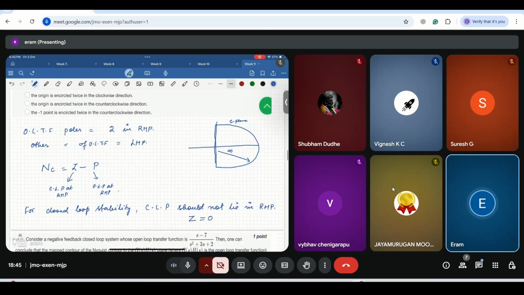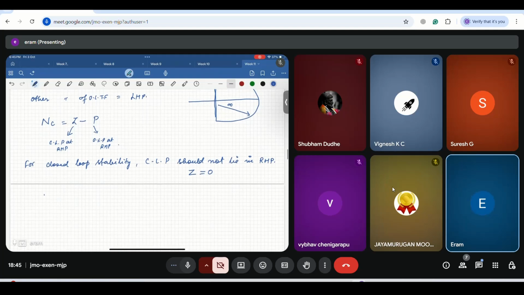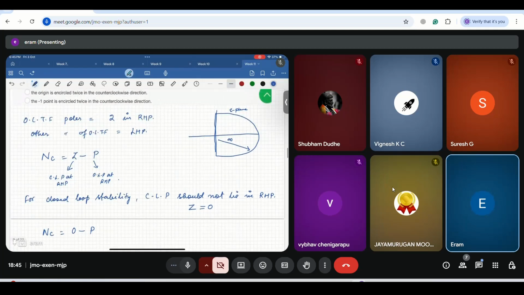Right? So if you put Z equals 0, you will get 0 minus P. And what is the value of P? It is already given that you have open loop poles at RHP equal to 2. It is given in the question.